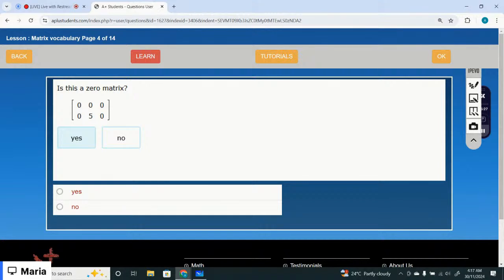Is this a zero matrix? No, that is not a zero matrix. The correct option is no.